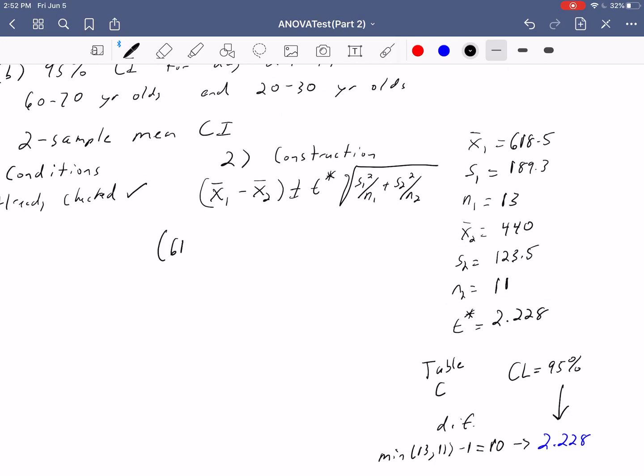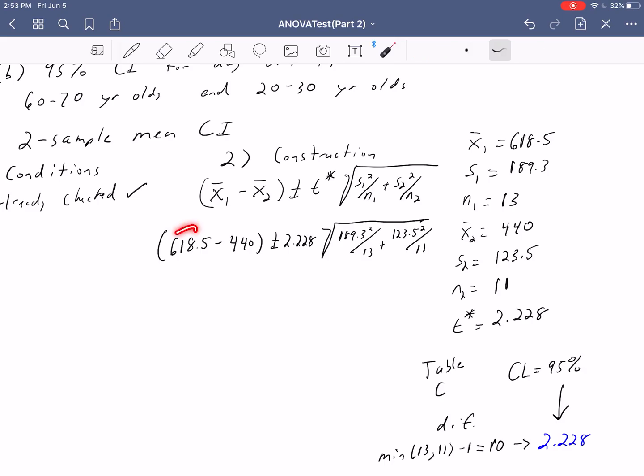So we get 618.5 minus 440 plus or minus 2.228 square root 189.3 squared over 13 plus 123.5 squared over 11.